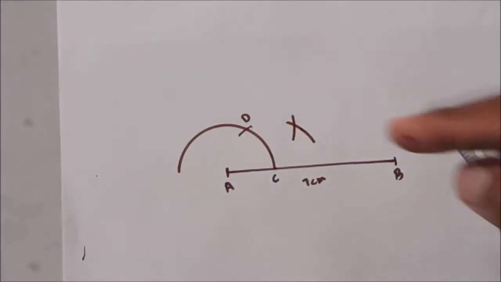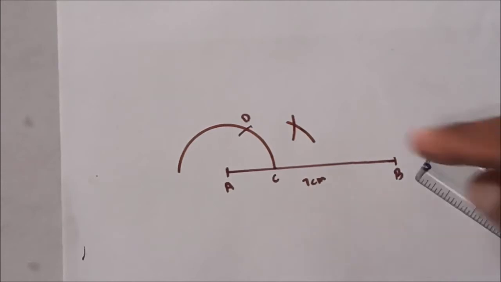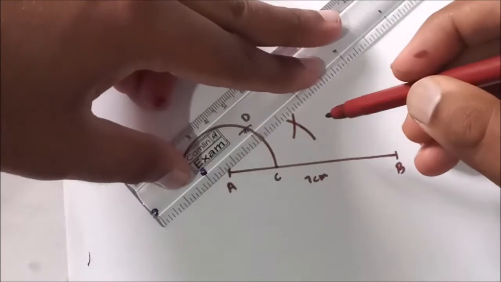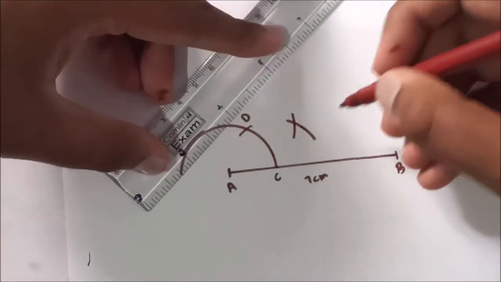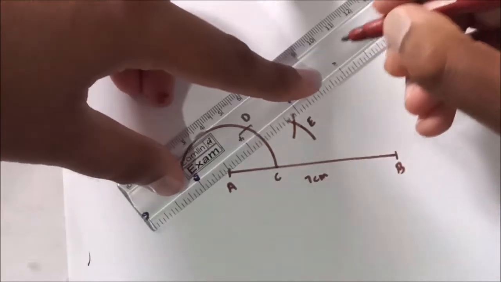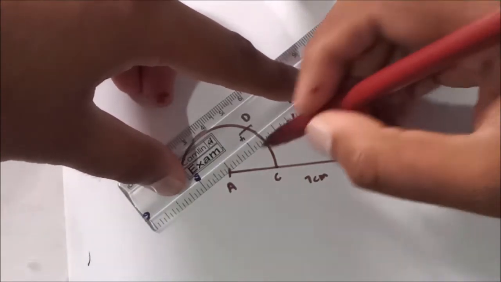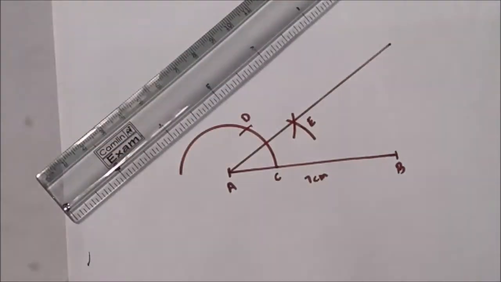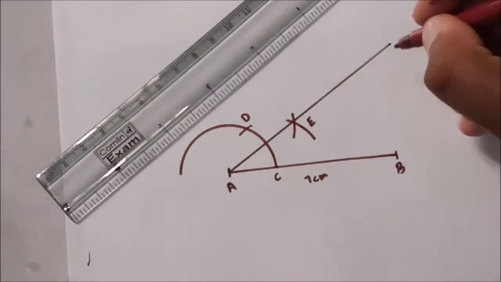Can you see, it comes like an X shape, so it's bisecting each other. Make it E. So join A and E.